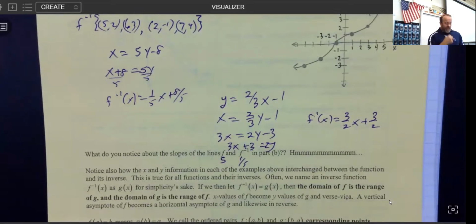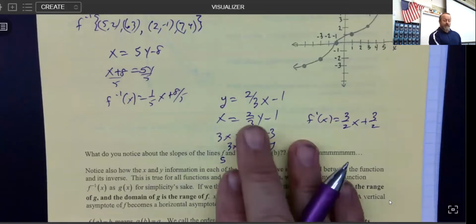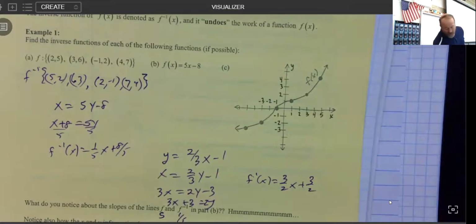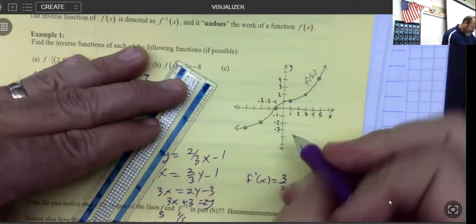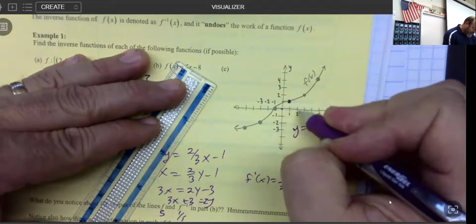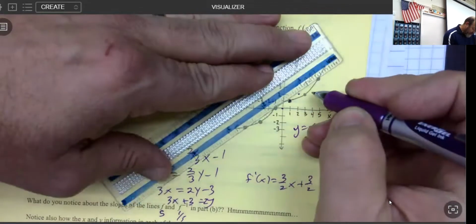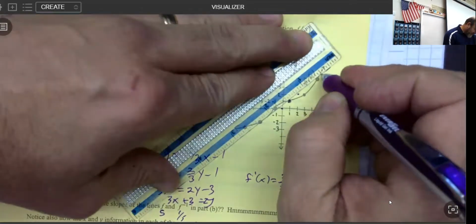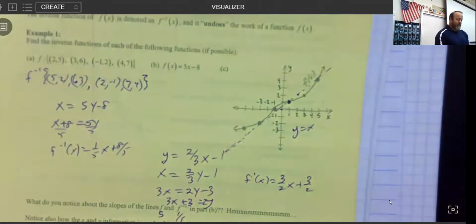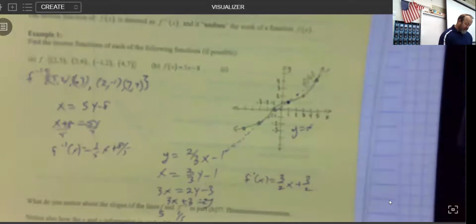Now, there's another little thing that's harder to see on these particular problems, but easier to see here, is that if you ever have an inverse, if you draw a dotted line at the line y equals x, so here's (0, 0), (1, 1), (2, 2), etc. If I were to make a nice dotted line, what happens is an inverse function is a perfect reflection across that line.